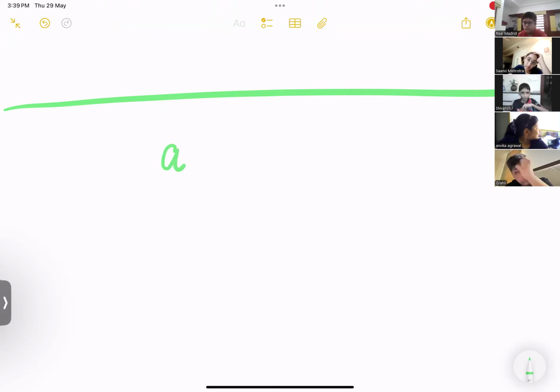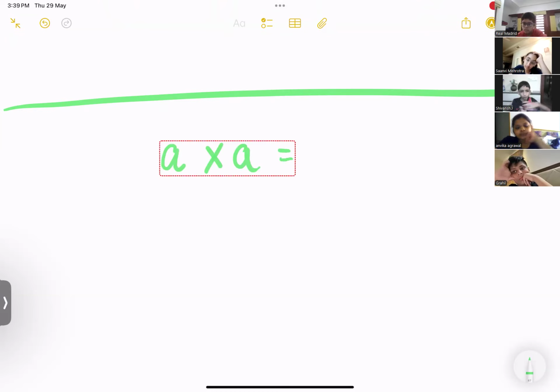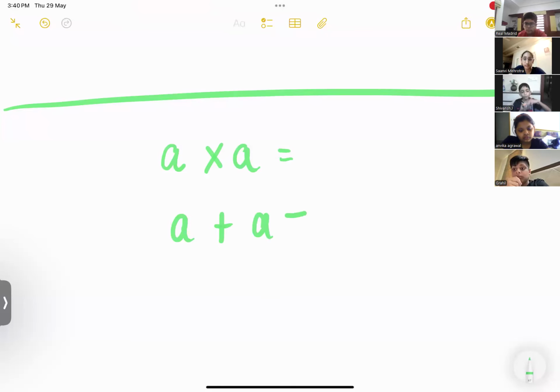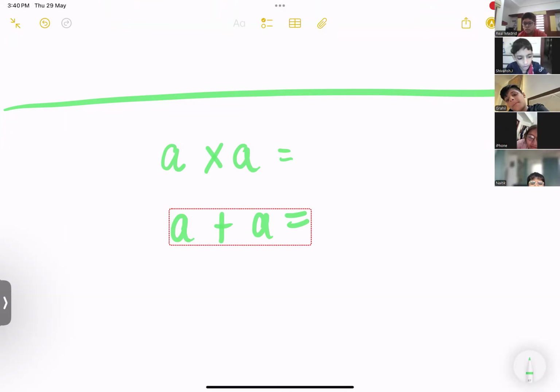A times A, what is the answer? A plus A, what is it? 2A. So A times A cannot also be 2A. A plus A is 2A, but A times A is A square. This is where you are going wrong.